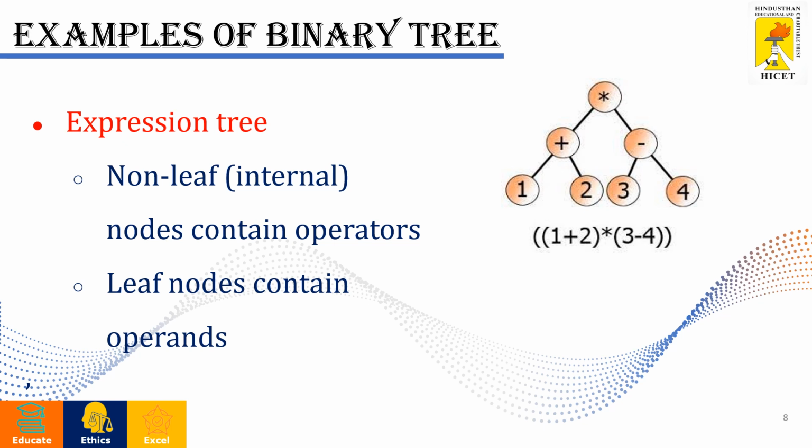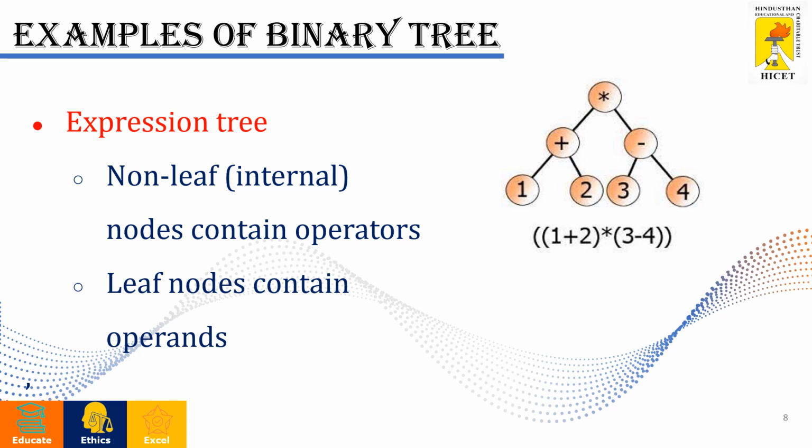So here you have four leaf nodes, 1, 2, 3 and 4, and the inner or non-leaf nodes represent operators. From the example in the slide, we have the expression 1 plus 2 times 3 minus 4.